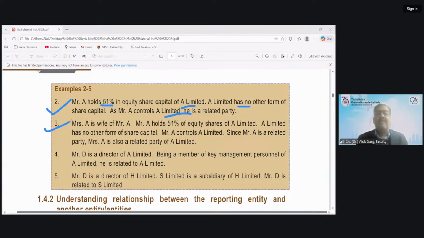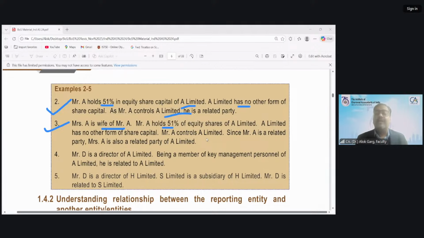Mrs. A means wife of Mr. A. So Mrs. A is spouse of Mr. A. Mr. A holds 51% of equity shares of A Limited. A Limited has no other form of share capital. Mr. A controls A Limited, right? So Mr. A has a control over A Limited.